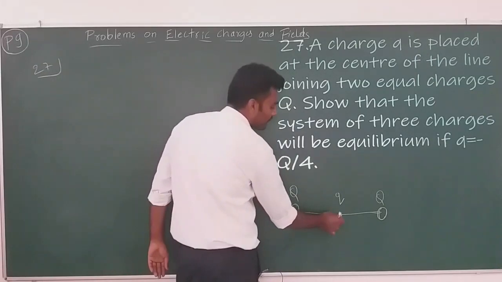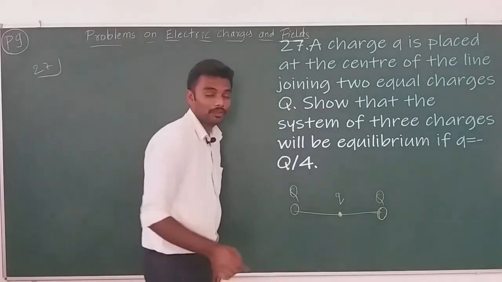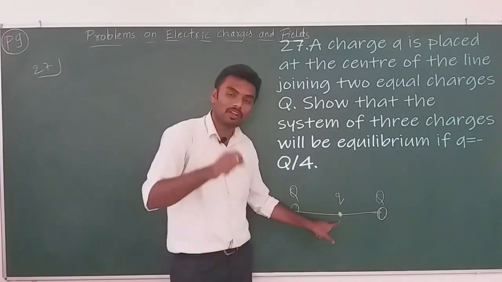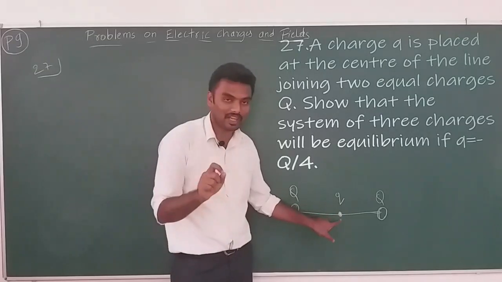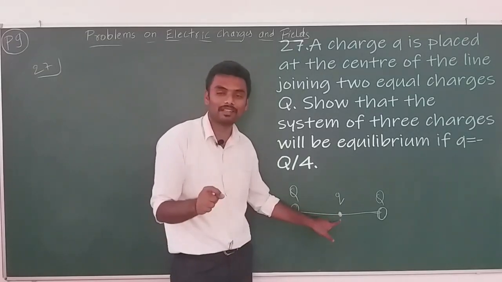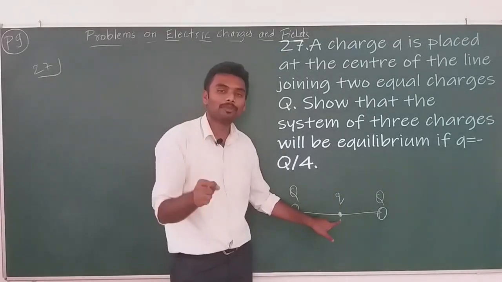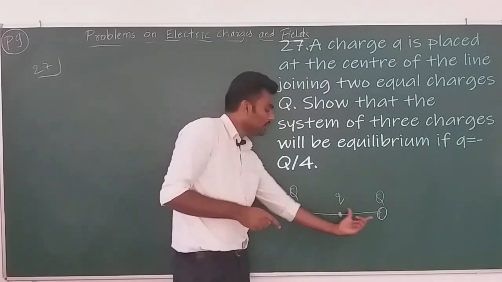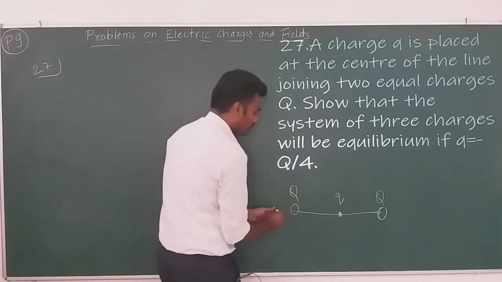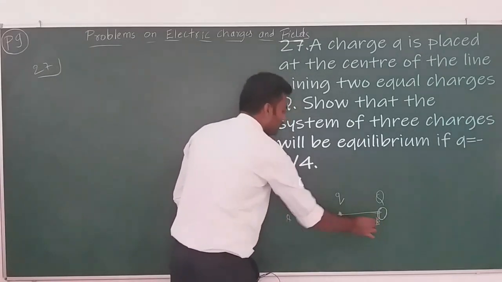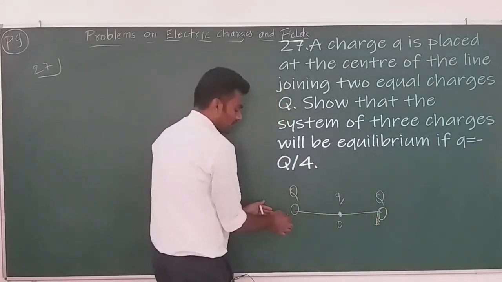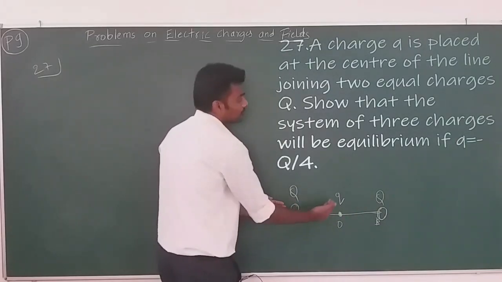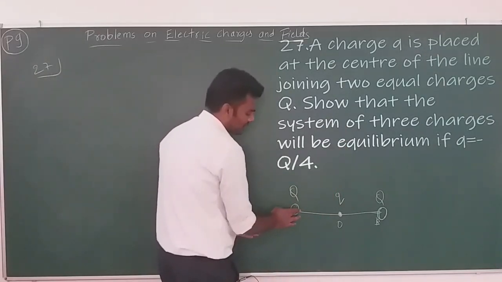Now, look at this. The charge kept at the center, small q, irrespective of what amount of charge you keep, will always be in equilibrium, because these are two equal charges kept at equal distance. Let me call this point A, this point B and this O. The charge at A is equal to the charge at B. Even if it is attraction or repulsion, that doesn't matter.